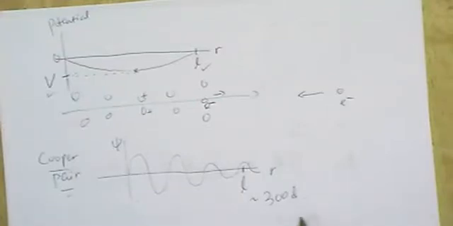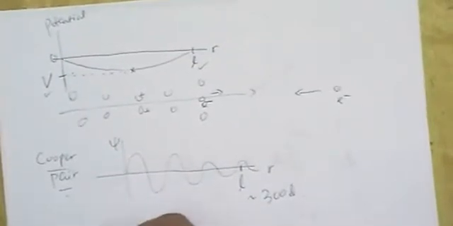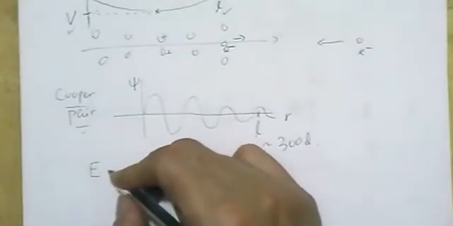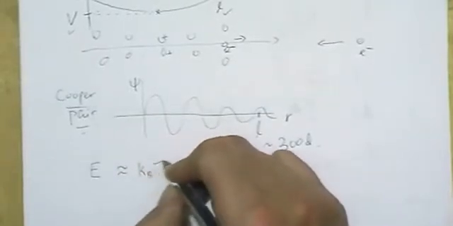Okay. Now, when solving the Schrödinger's equation, we not only get the wave function, in principle, we also get the energy. And as it turns out, it was found that this energy is approximately equal to kB times the superconducting temperature.